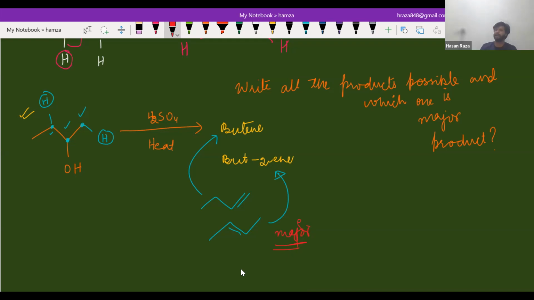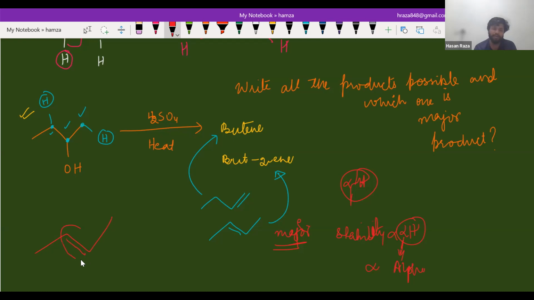Now the question is, is there any way to predict the stability of alkene? Yes, there is a way. For this type of question, carbocation, carbanion, free radical, alkene, and functional group, there is a term that is alpha hydrogen, and stability is directly proportional to alpha hydrogen. How are we going to find alpha hydrogen?